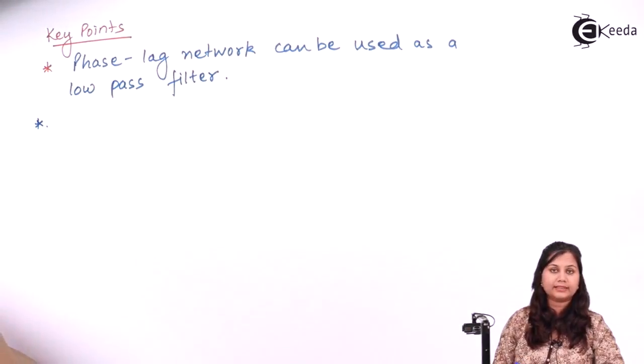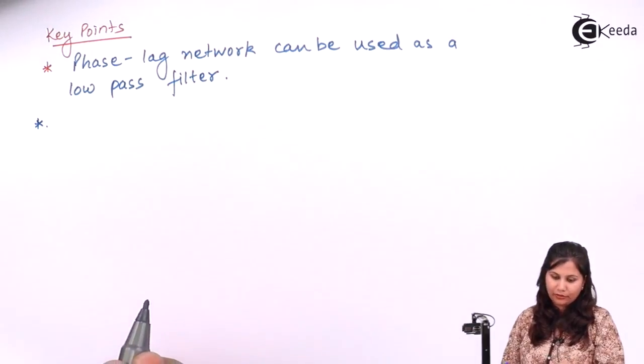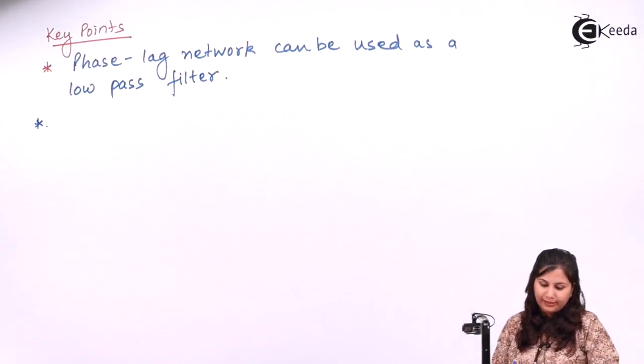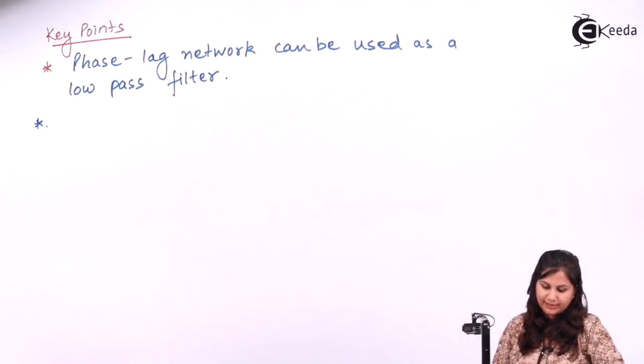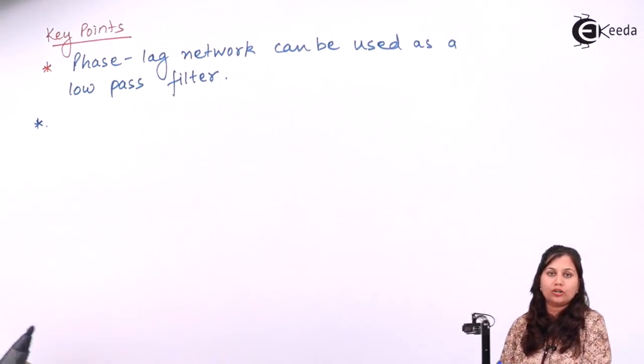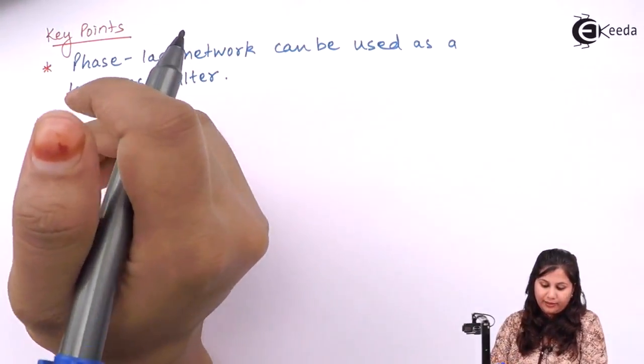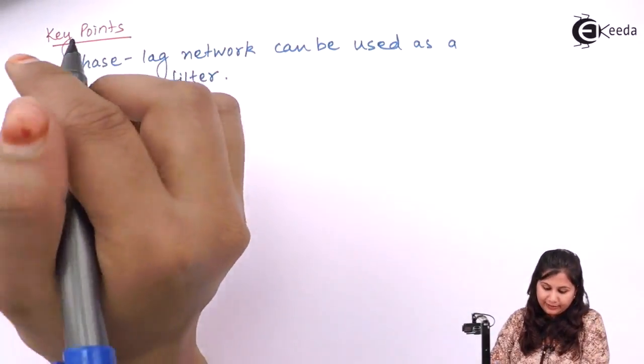Second point is that the gain crossover frequency is increased, bandwidth is decreased, and phase margin is increased, response becomes slower. So these are all the effects of the phase lag network.